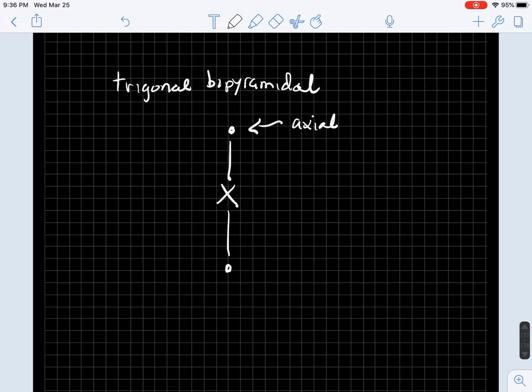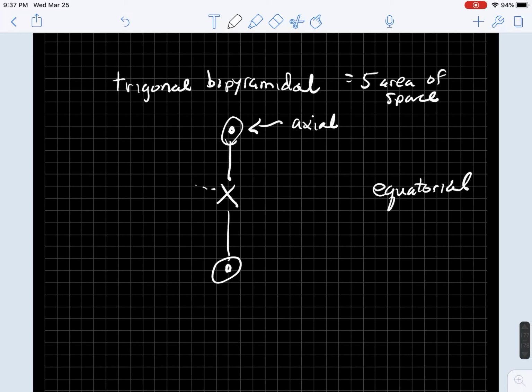The rest of the atoms are what we call equatorial, which means around the equator of the central atom. So in trigonal bipyramidal, you're looking at 5 areas of space. And the first 2 are going to be on the north pole and the south pole. And then the other 3 we're going to put around the equator. And we're going to spread the 3 out as much as possible into the corners of a triangle.